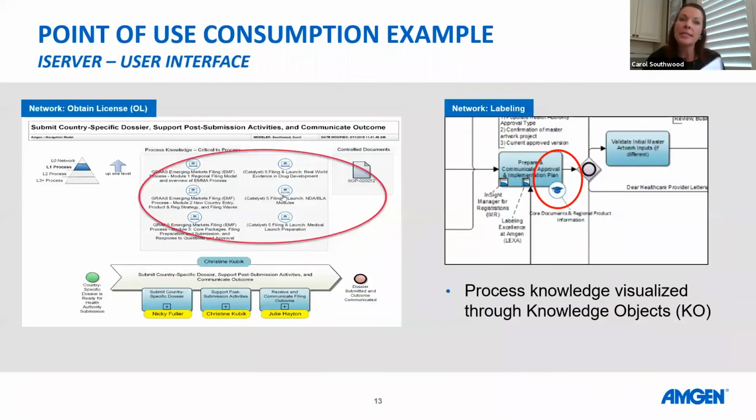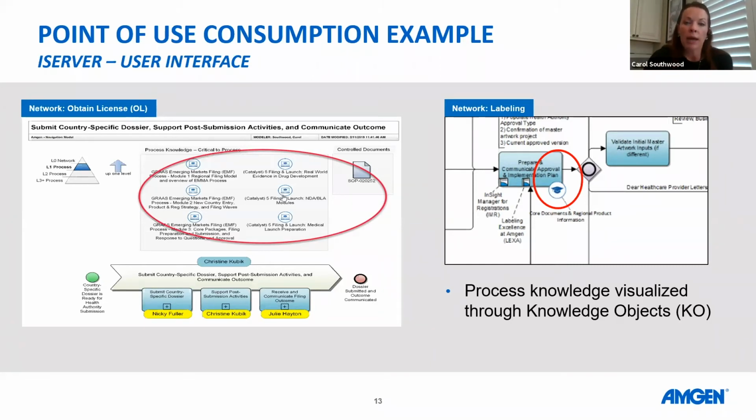Okay, another point of use consumption example is going to the process models themselves. We know that users consume data in different ways, and there was not going to be a one-size-fits-all. We needed to push the data in multiple ways.